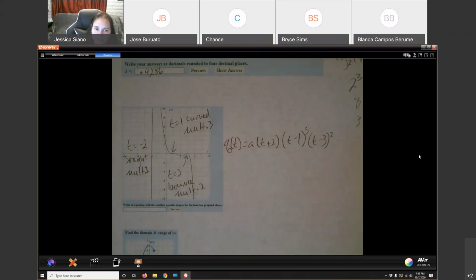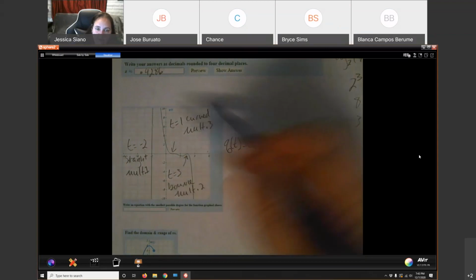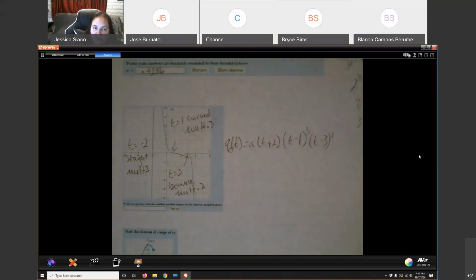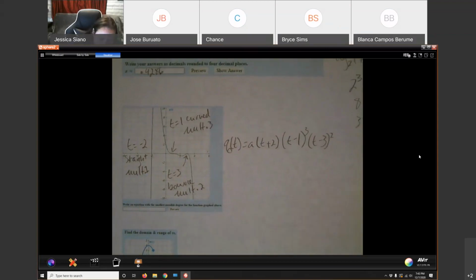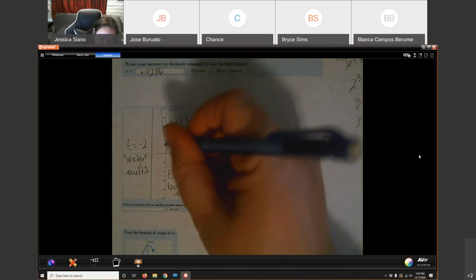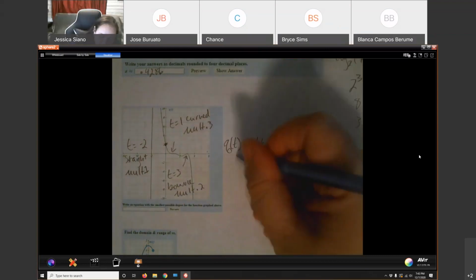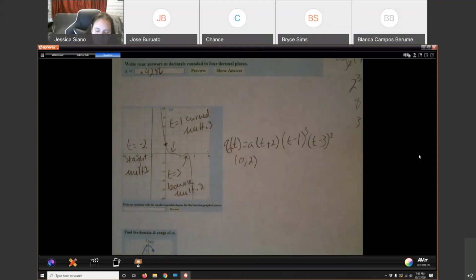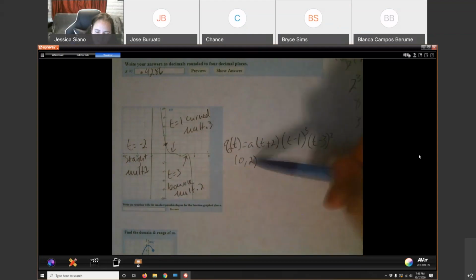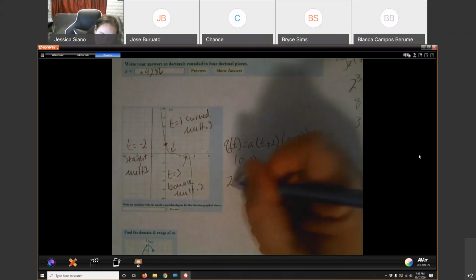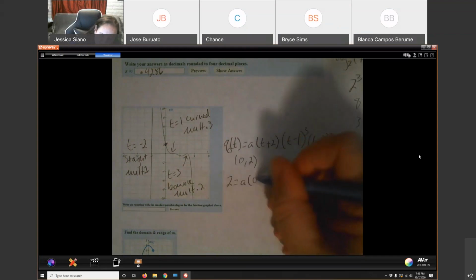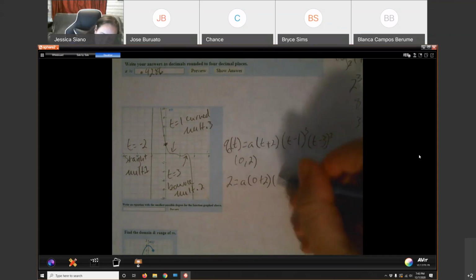Right? Because of my behavior at my zeros. I also know the point 0, 2. So I'm going to make y 2 and t 0. And I'm going to solve for a.